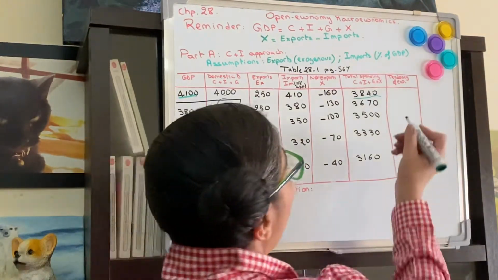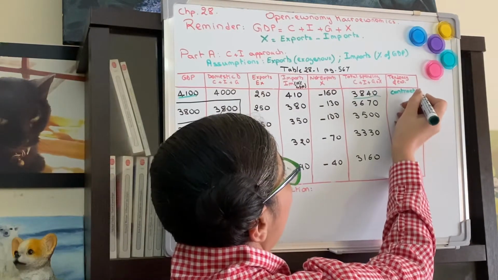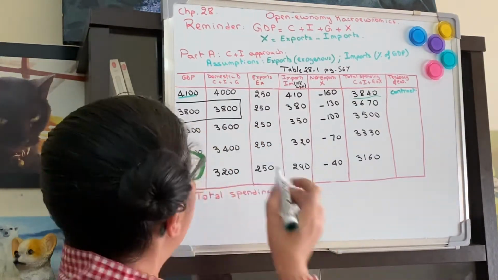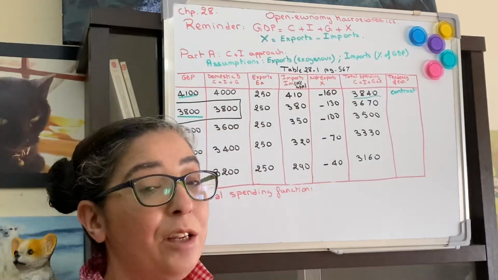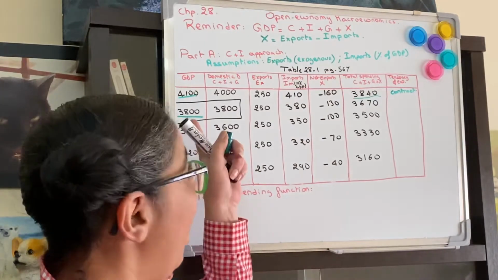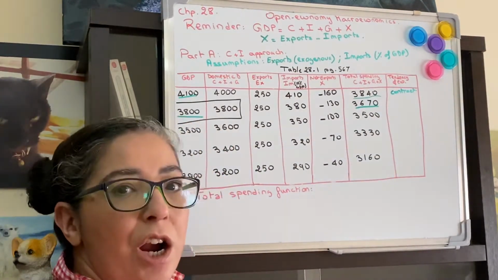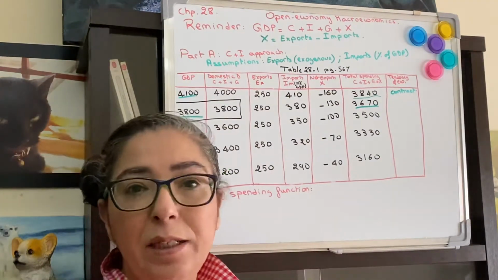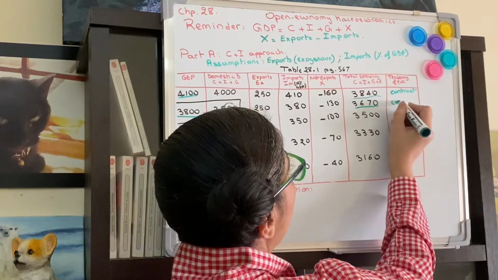So here we're going to have a contraction in the economy. Earlier, when we had a closed economy, it was an equilibrium. But right now, the output is bigger than the total demand. So what are we going to do? We're going to have a contraction.